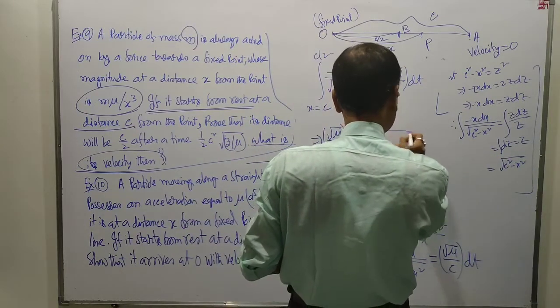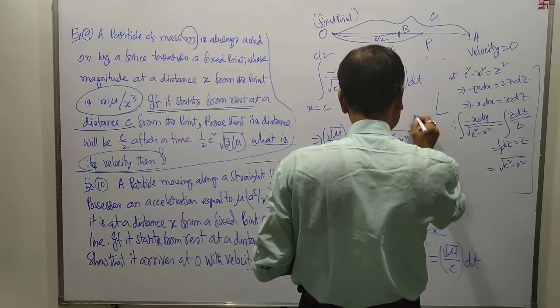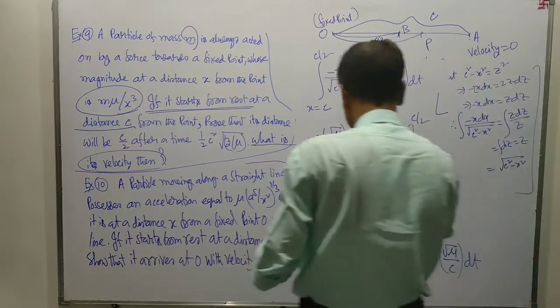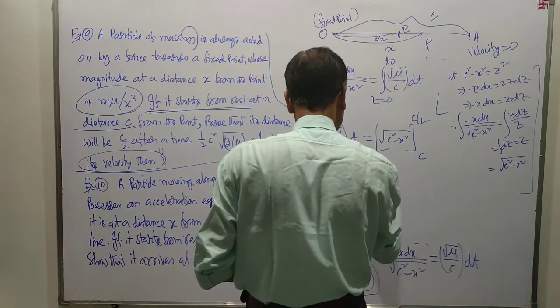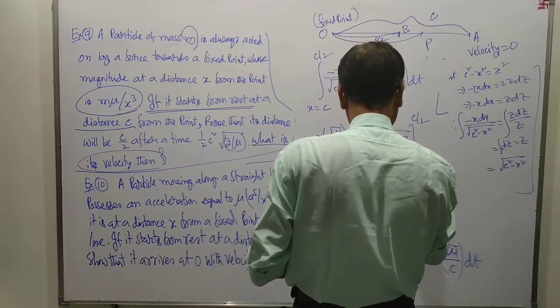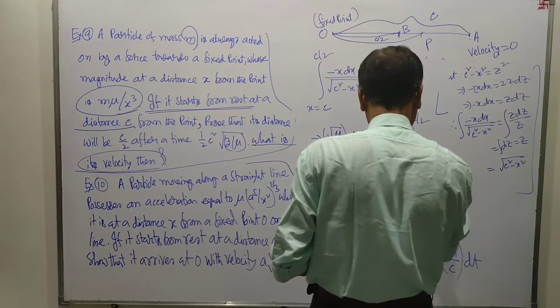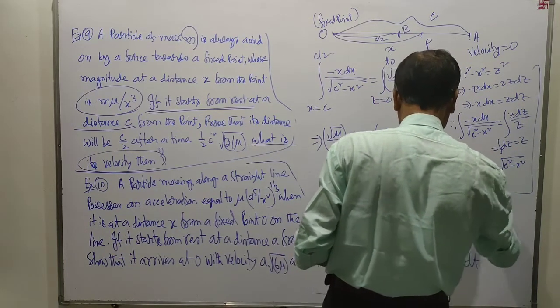It is root over c square minus x square, c to c by 2. This means root over mu by c t naught equal to c square minus c square by 4 under root, minus 0. c square minus c square under root.